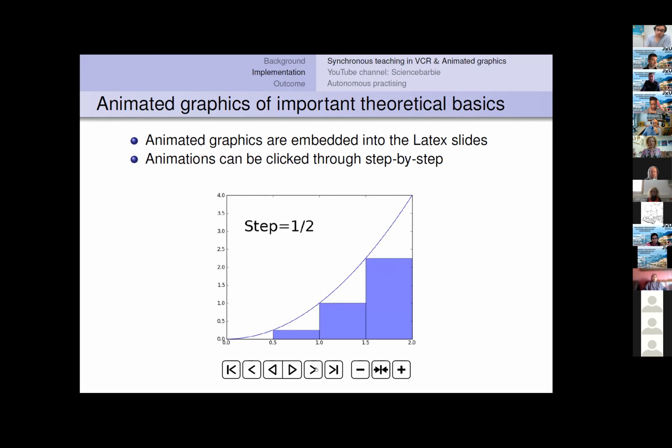When the students click on, they see what happens if dx gets smaller: the area under the curve is getting closer and closer to what we get in the end. And here in the end, you see the result. This can also be done automatically, but the students can do this at home to really understand what's going on.